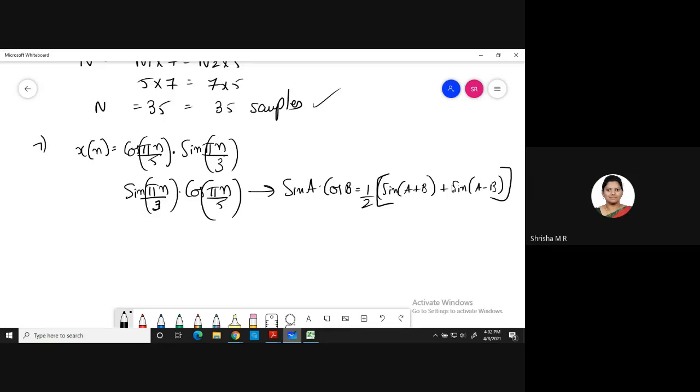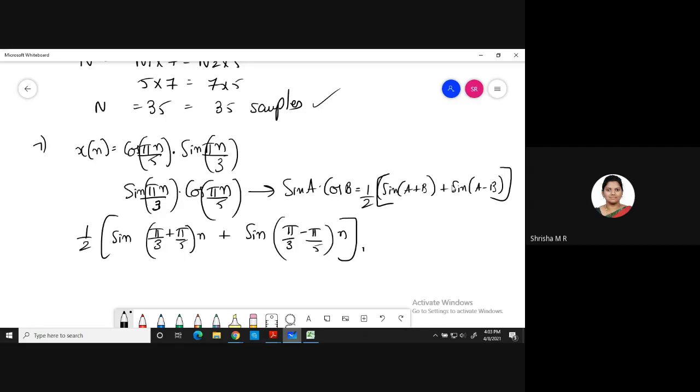So it's half sine, what is A? Pi by 3, plus B is pi by 5, into n, plus sine pi by 3 minus pi by 5 into n.